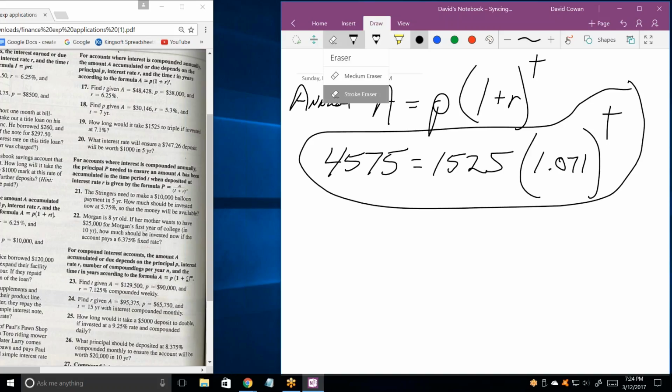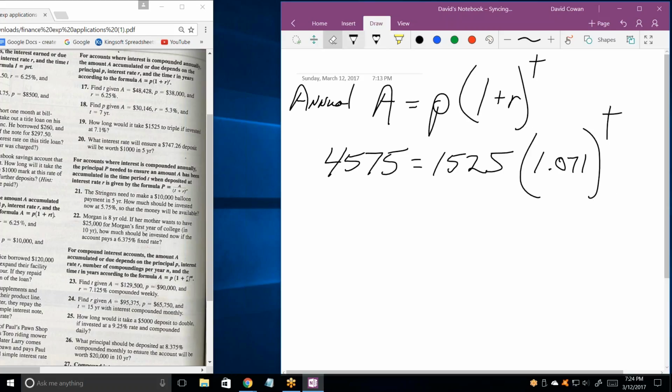Right. Okay, so we wouldn't want to use it anyway. So let's make sure we can solve this with logs. Now, for me to solve it with logs, I've got to isolate that part of it.